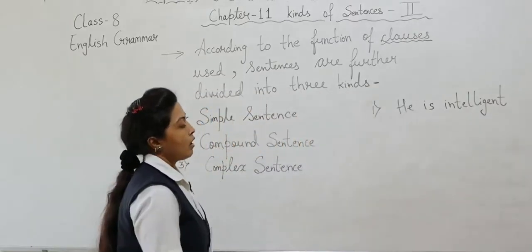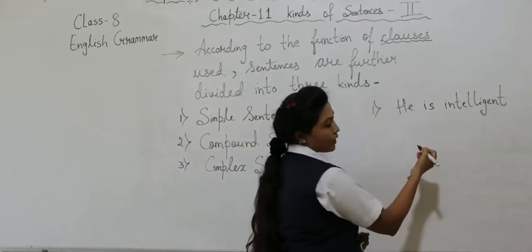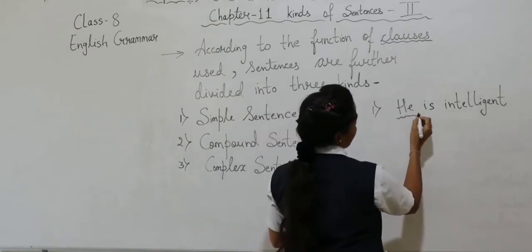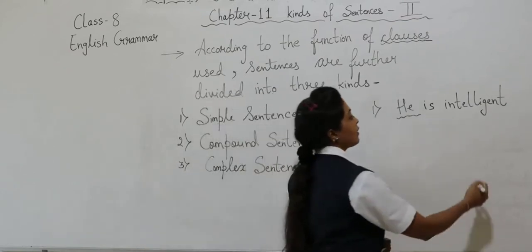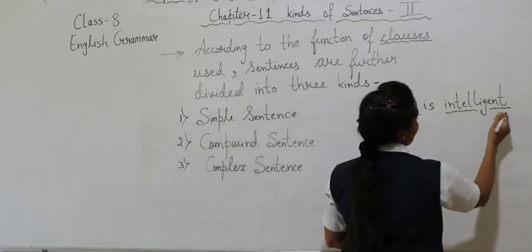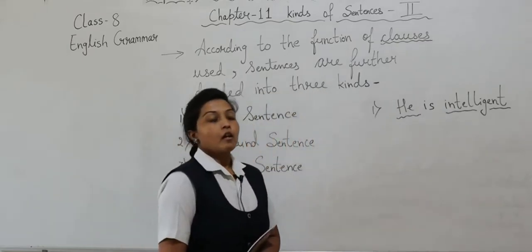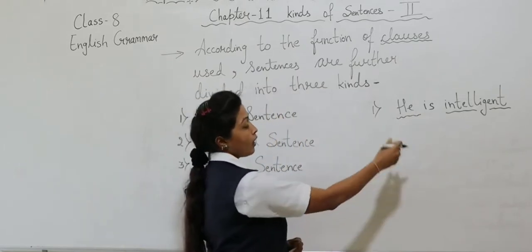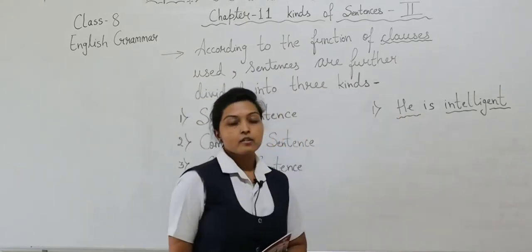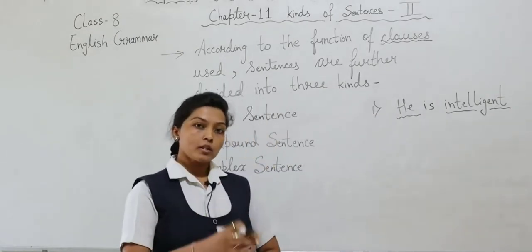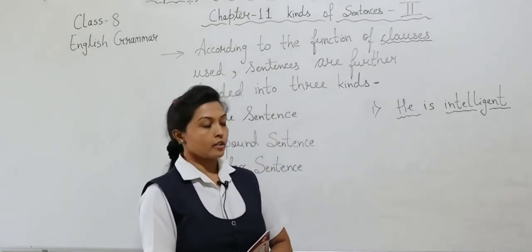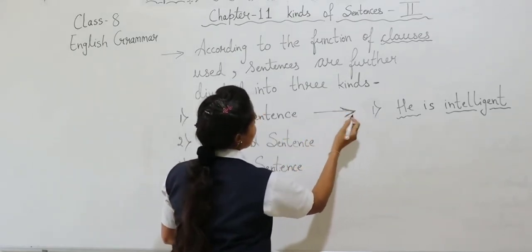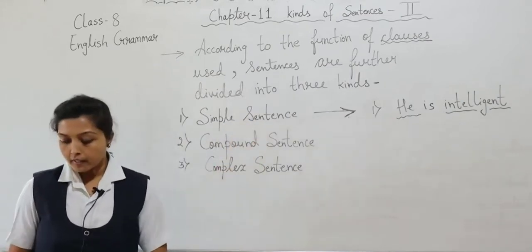In this sentence we can clearly find that he is the subject, and is intelligent is the predicate, that is a verb. So, when a sentence contains one subject and one predicate, then it is called a simple sentence.